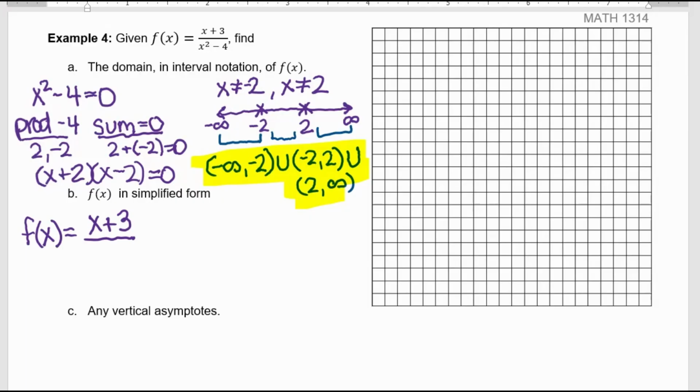We said that the denominator, the bottom, factored into x plus 2 times x minus 2. Notice that no factor shows up in both top and bottom. So we have our simplified form. Nothing simplified.